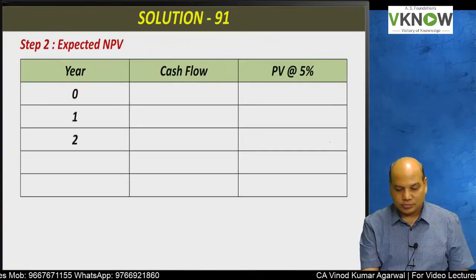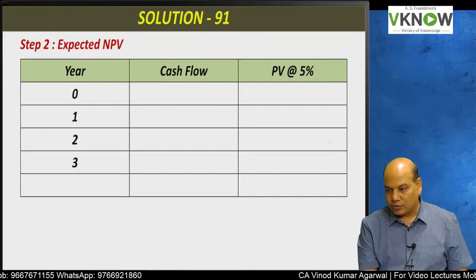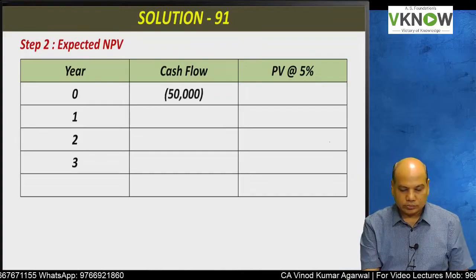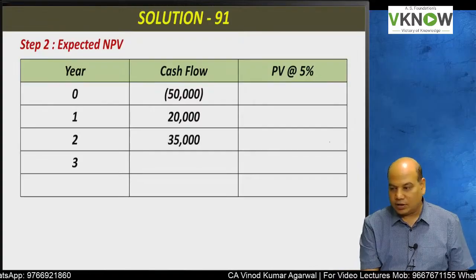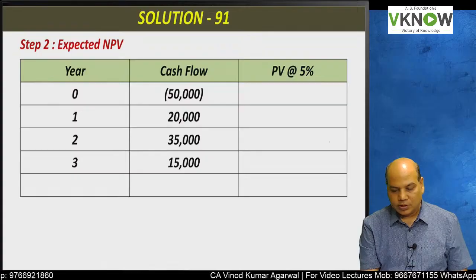Go to step 2, expected NPV. Please respond. Years 0, 1, 2, 3. Cash flows 50,000, 20,000, 35,000, 15,000.